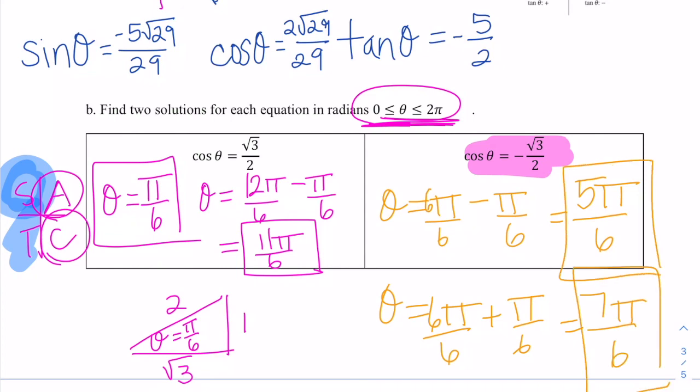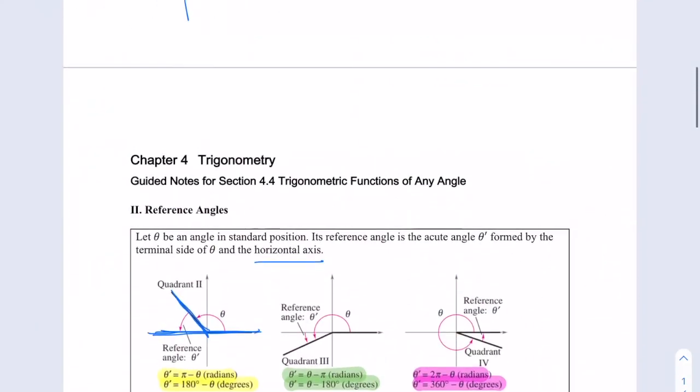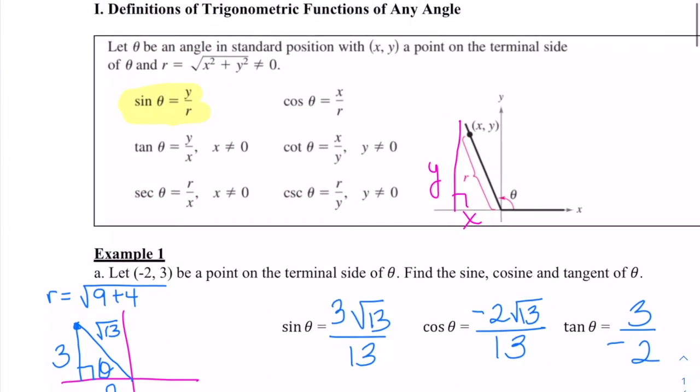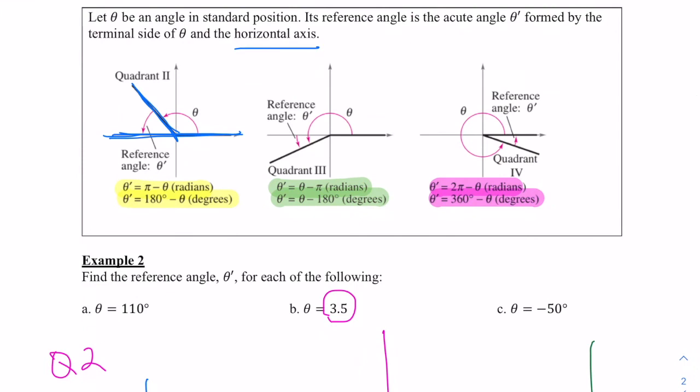All right, so looking at this lesson, quick review. Make sure we know how to find those values. What are those relationships between x, y, and the radius for the trig functions? Make sure that we can figure out how to calculate the reference angles, knowing which quadrant the terminal side lies in, and subtracting or adding that to 180, pi, or 360, 2 pi.